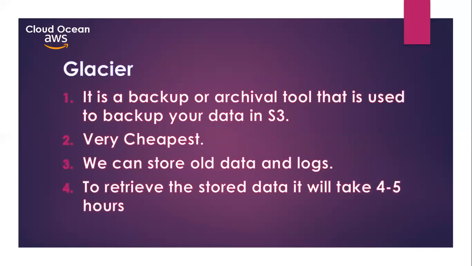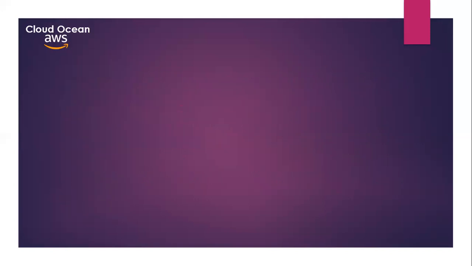It is a backup or archival tool that is used to back up your data in S3. It is the cheapest, so we can store our old data and old logs here. To retrieve the data stored in Glacier, it will take up to 4 to 5 hours.